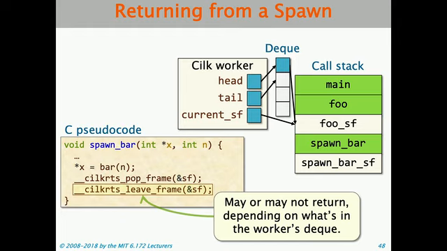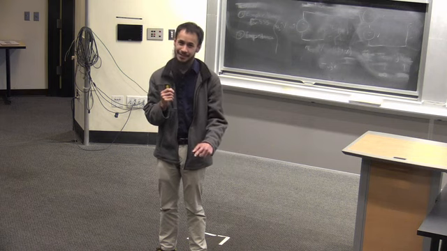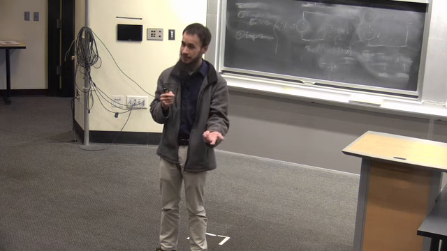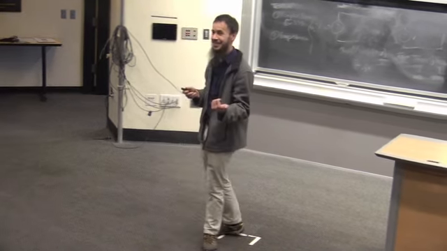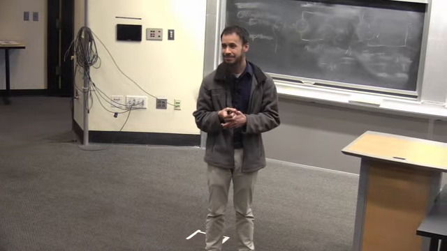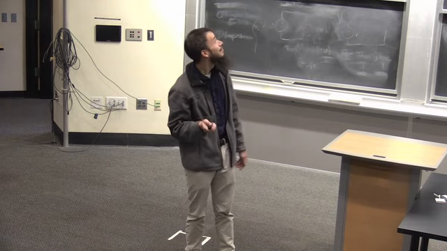And here, what are the parameters to our spawn bar function? X and n. Now n is the input to bar, right? So what's x? Maybe the pointer to the result.